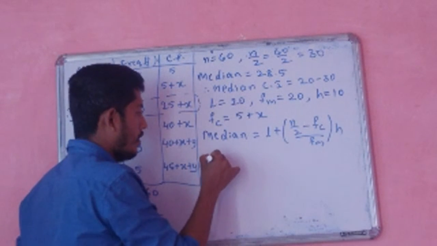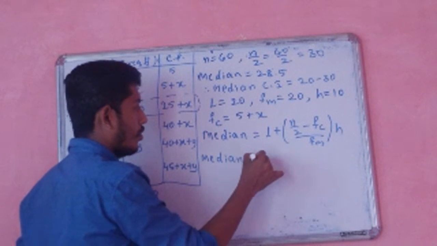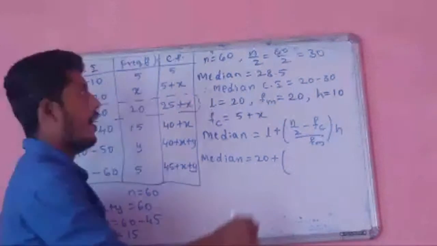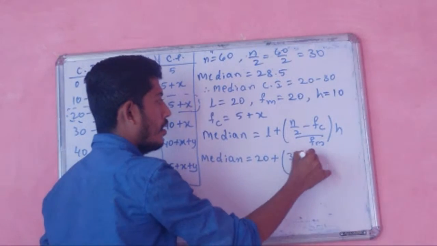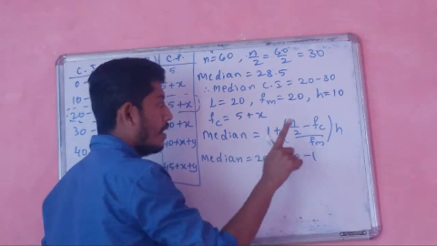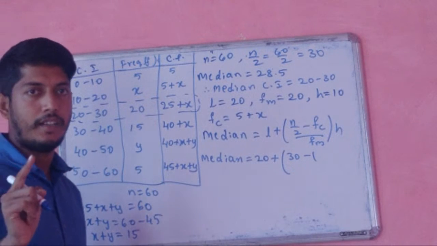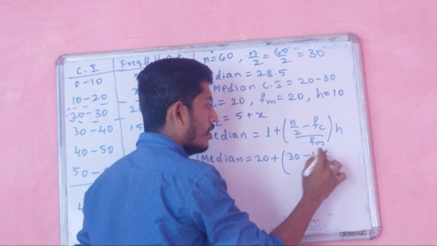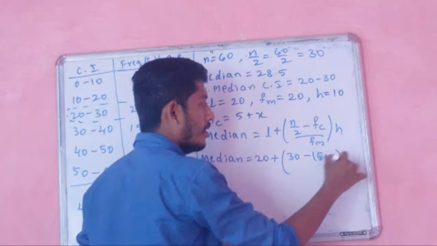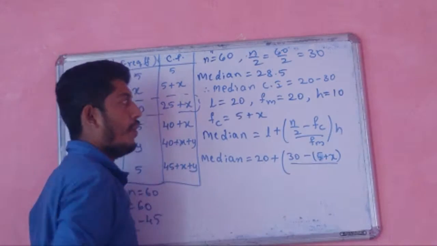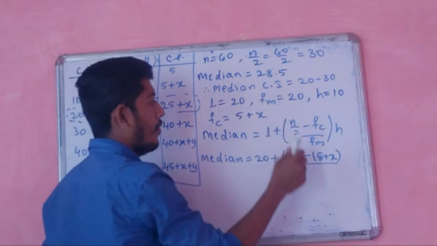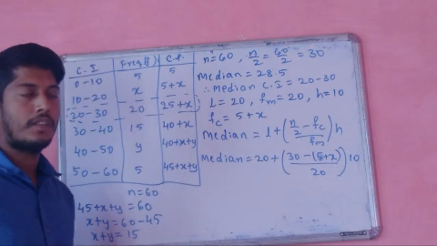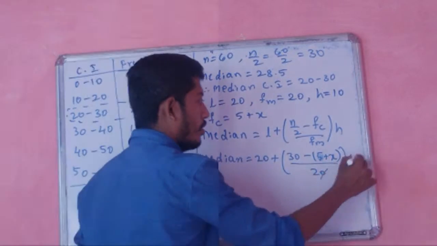So median equals the L value 20 plus the n by 2 value 30 minus the fc value. Here we have to give importance to the bracket because a negative sign is present, so we write 5 plus x inside the bracket, divided by the fm value 20, into the h value 10. So the zeros get cancelled.